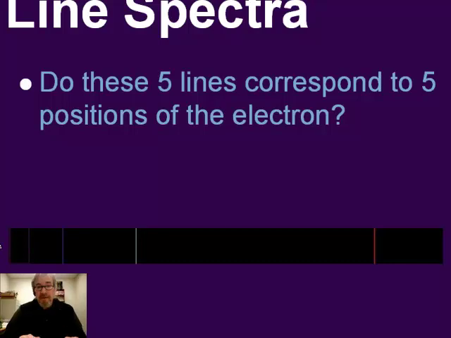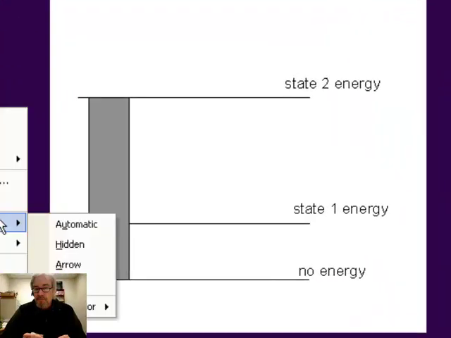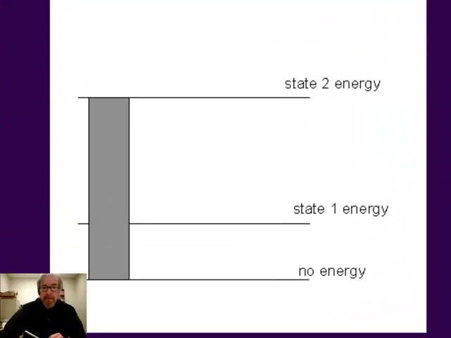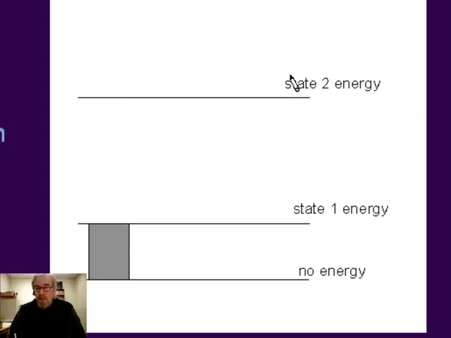A better answer was related to 2 different states of energy. So looking at this graph, we see that this, with a state 2 energy, will have more energy stored in it. So this is an excited atom. In state 1, there would be less energy stored in it. The difference between state 1 and state 2, that's the amount of energy that it takes to give off a photon of a particular color of light.